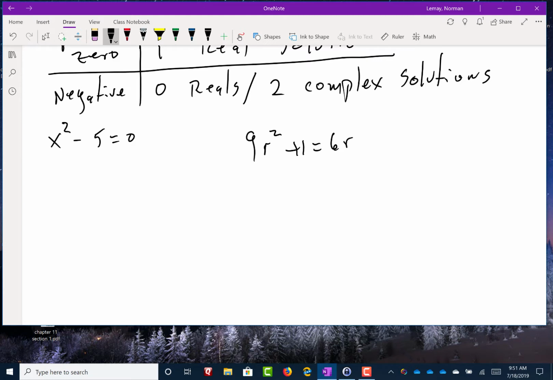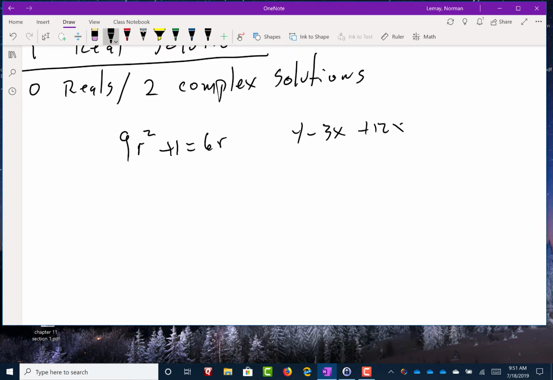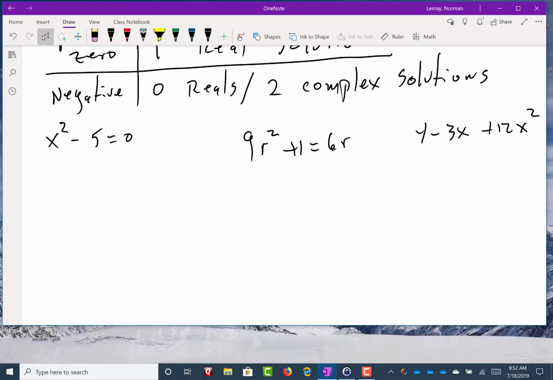And then finally we'll take a look at our third one, which is 4 minus 3x plus 12x squared equals 0. Let's identify the type of solution and how many we get.